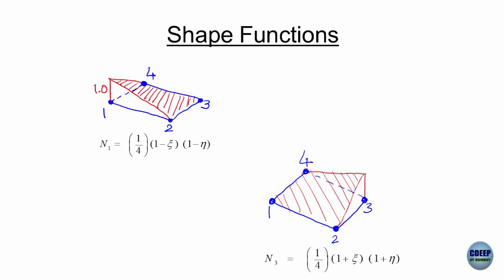Is the logic clear? So, I do not need to really go through the entire derivations, the tedious process. I can do it by looking at the element, because the shape function would be like this. It would be 1 at that node, centered at that node.